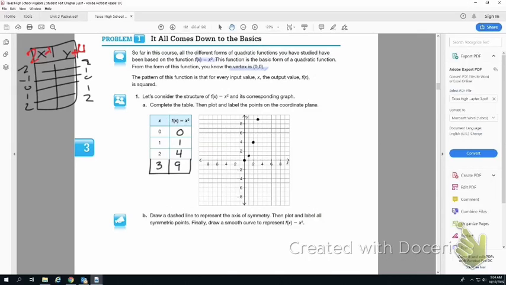Whenever you're graphing this, you'll graph one side of it like we already have. After that, you're going to use the axis of symmetry to graph the rest of it. So you're just going to reflect the points across.